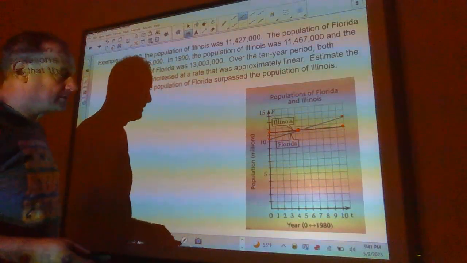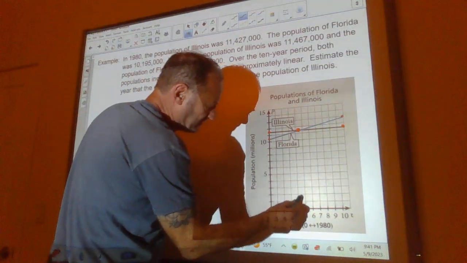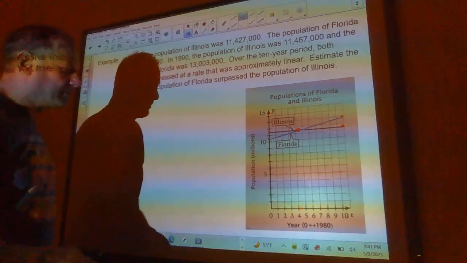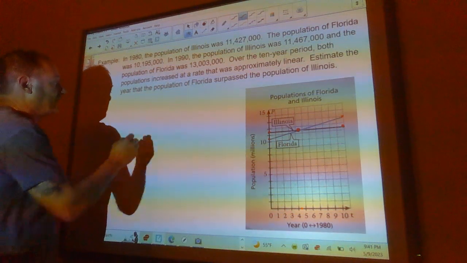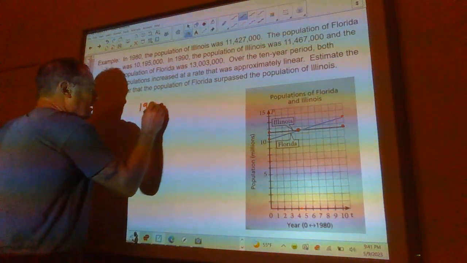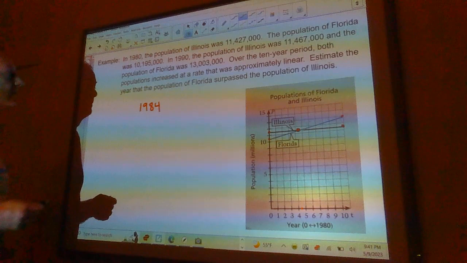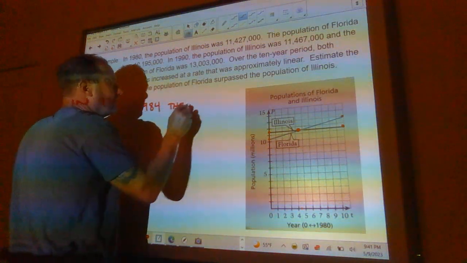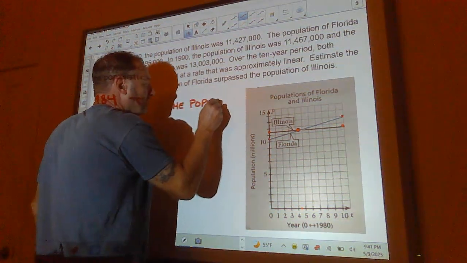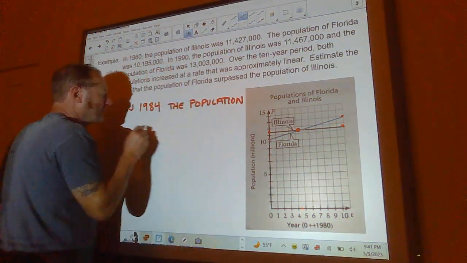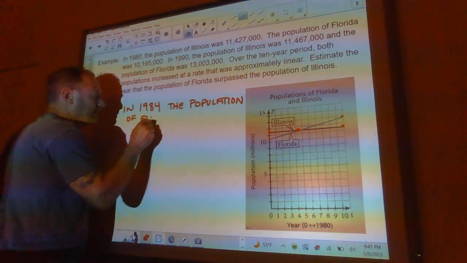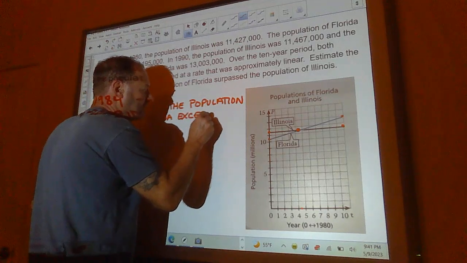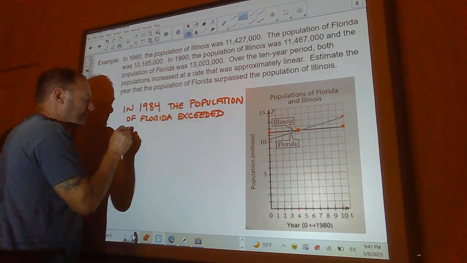Where is that? Well, if I follow this down here, okay, that is somewhere between 1984 and 1985. So that would be the year 1984 is when the population, so we'll say in 1984, the population of Florida exceeded that of Illinois.